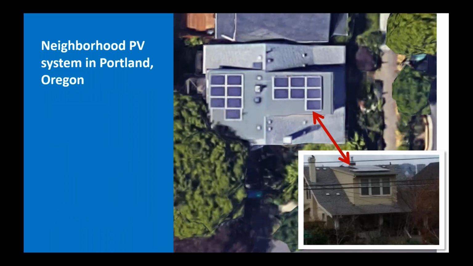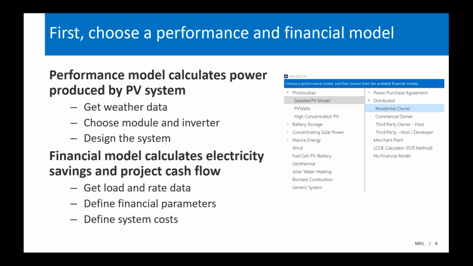So I've chosen as an example this PV system in my neighborhood in Portland, Oregon. And it kind of has a unique design. It has two arrays, or the array is divided into two sections, one facing east and one facing west. So it's a useful example for showing various design options in SAM.